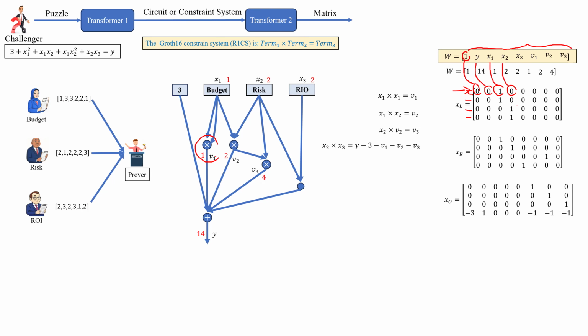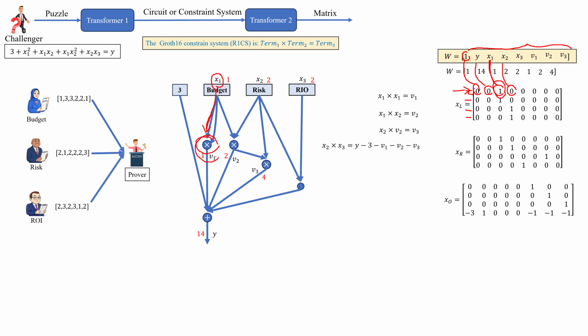The first row is the left input of gate 1. So what is the left input of gate 1? This is gate 1, right? And this is the left input. The left input is given from x1, right? So that's the reason we put 1, which is related to x1 based on the witness vector on the first row.